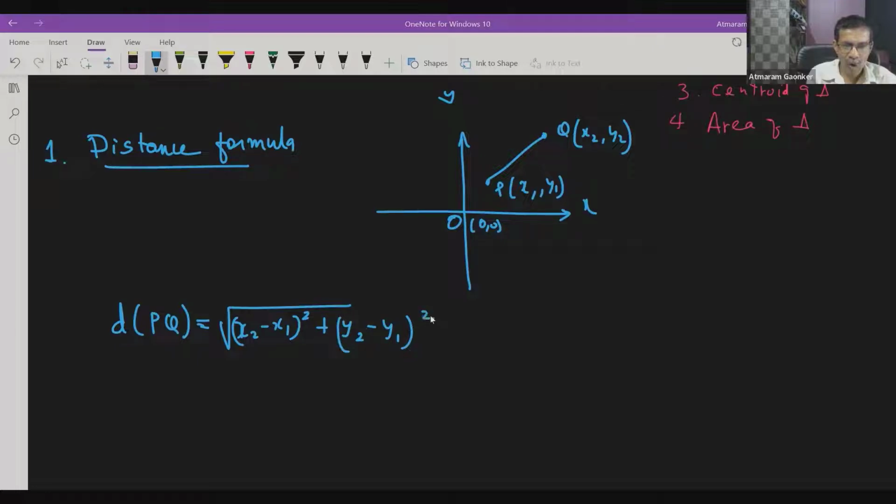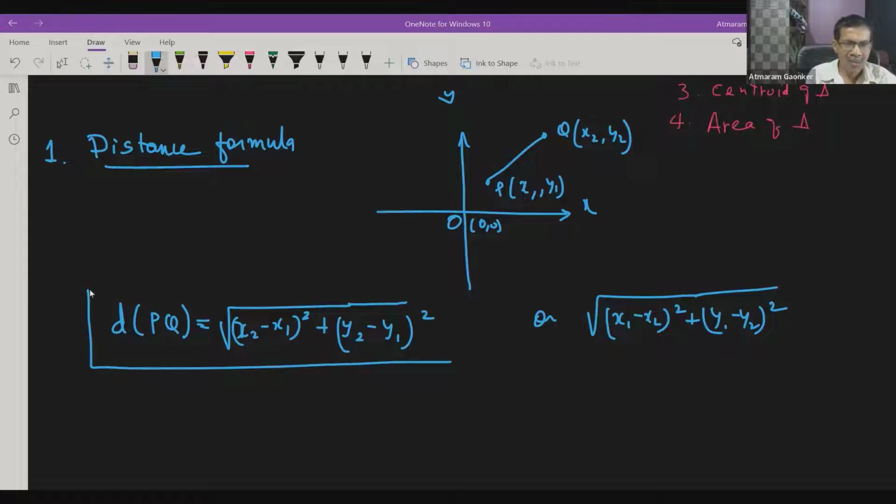This is one formula that you have to remember. Or instead of x2 minus x1, you can write (x1 minus x2) the whole square, plus (y1 minus y2) the whole square. Both formulas are okay. It doesn't make any change if you interchange x1 and x2. So this is the formula for the distance.